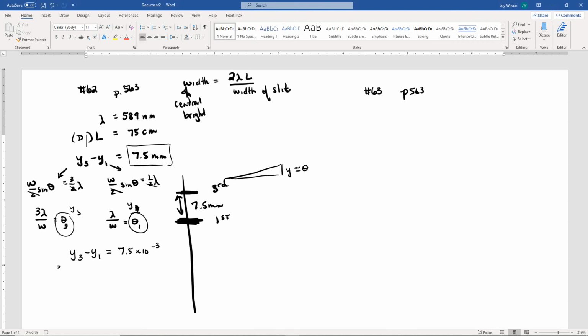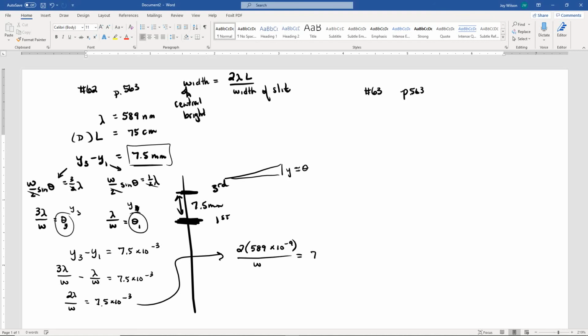Well, that equals 3 lambda over W minus 1 lambda over W equals 7.5 times 10 to the negative third. 2 lambda over W equals 7.5 times 10 to the negative third. Hey, 2 times 589 times 10 to the negative ninth over W equals 7.5 times 10 to the negative third.